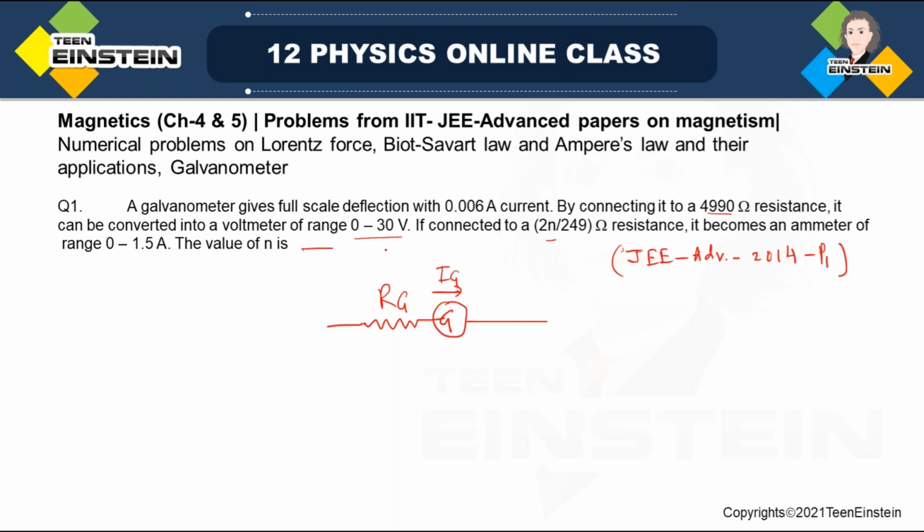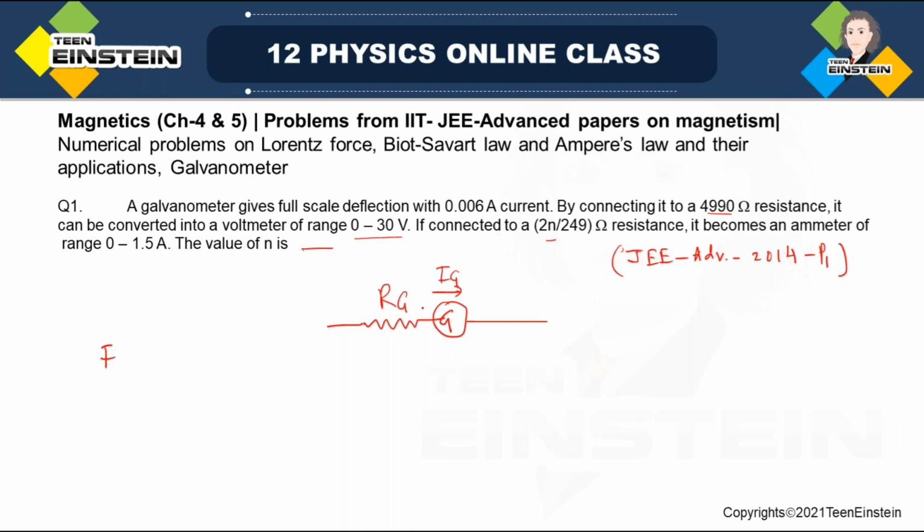So that same thing has been told in another language. The galvanometer gives full scale deflection. So what I am going to discuss is the term full scale deflection.